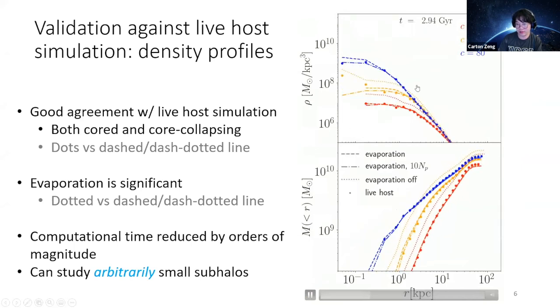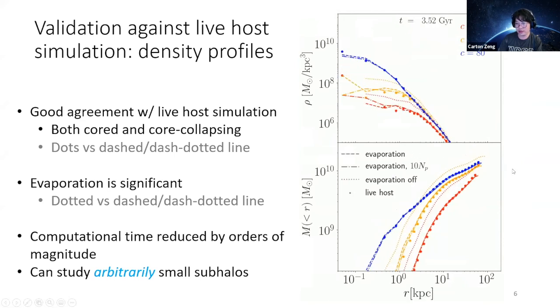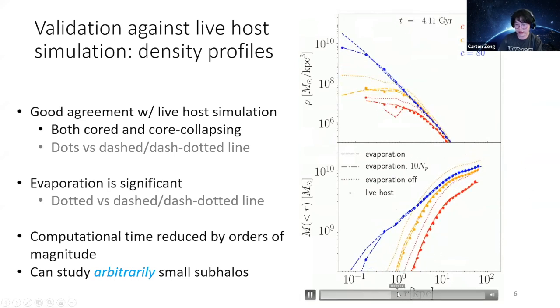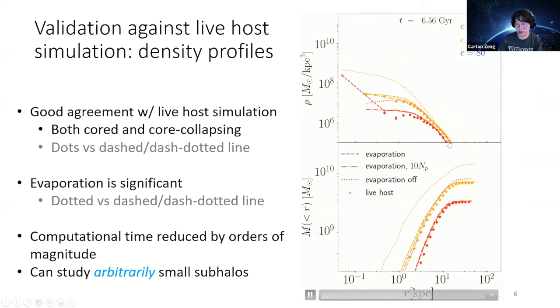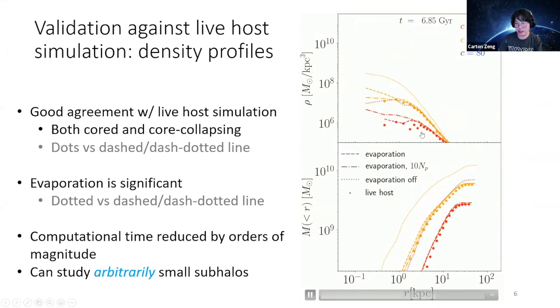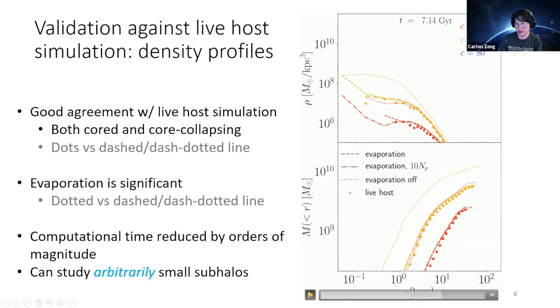This tells us really the difference between including the evaporation effect or not in the evolution of the subhalo. And maybe I can accelerate this a little bit. Our method in the dashed line shows remarkably good agreement with the live host simulation in the scatter dots. So this is the validation of our method.